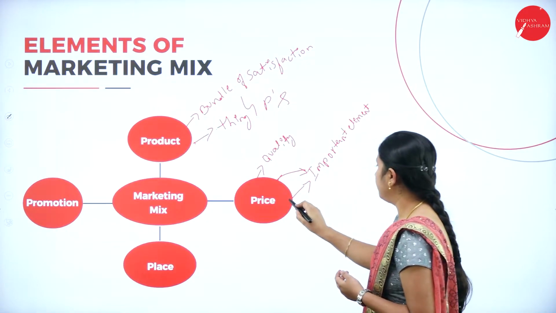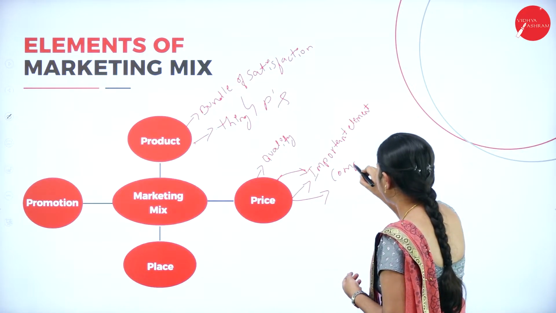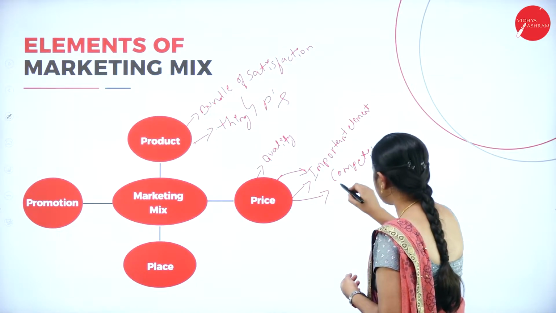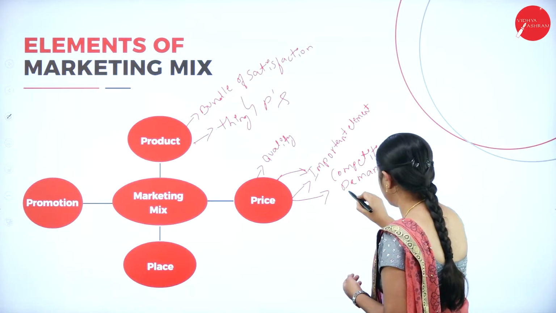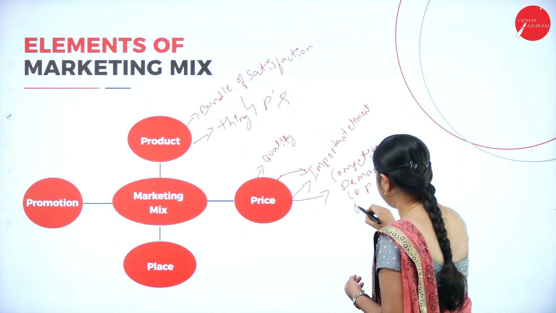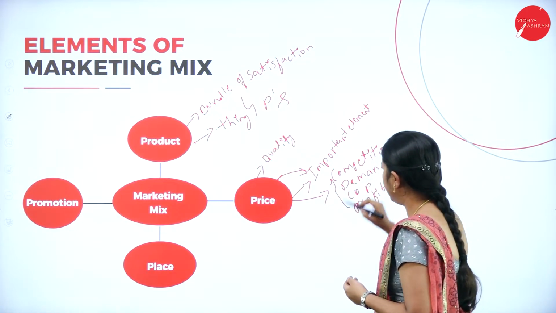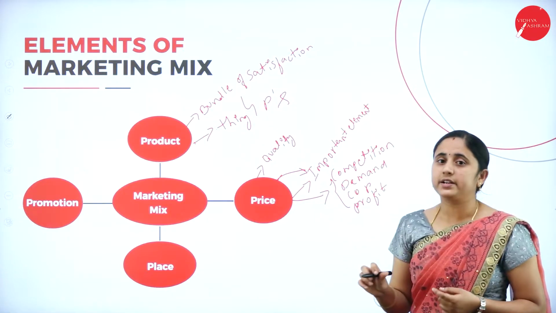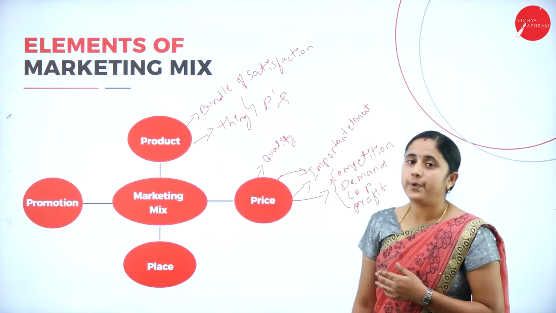So price is influenced by many factors like competition, demand, cost of product, then profit, and so many things. You need to consider all the factors, then fix your price.